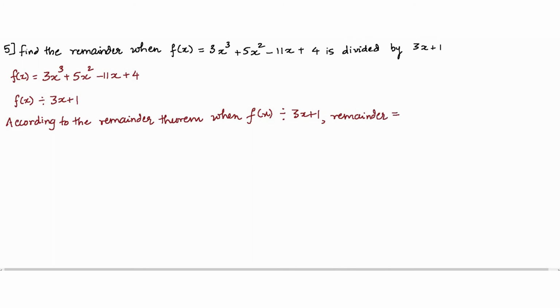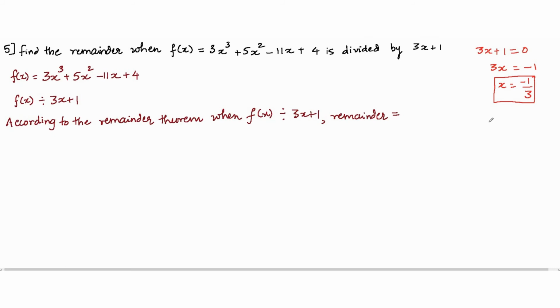Again, you will notice that in this question also, the coefficient of x is not 1. So again, there are two ways of finding the value of a. Either you equate 3x plus 1 to 0. So if 3x plus 1 is 0, 3x will be minus 1, or x will be minus 1 by 3. That means my value of a is negative 1 by 3. That's one way of finding it.